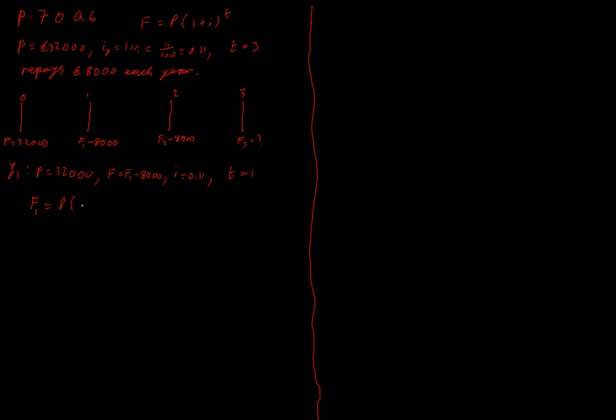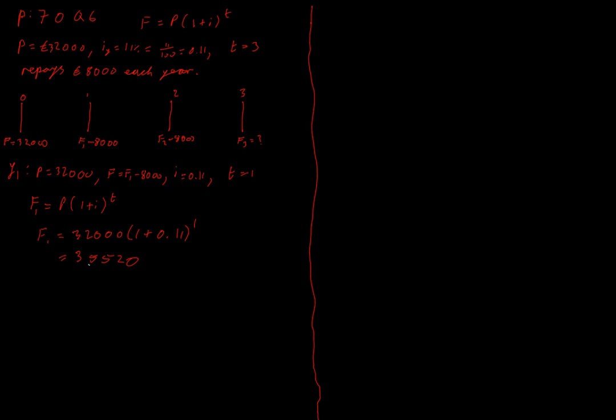So F1 is going to be P times 1 plus I to the power of T. So F1 is going to be 32,000 times 1 plus 0.11 to the power of 1. We put that into our calculators and we get 35,520.